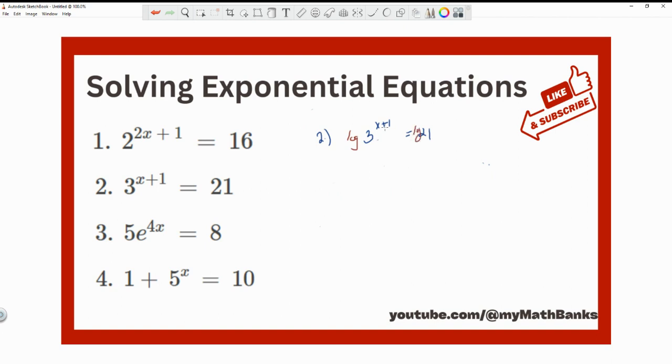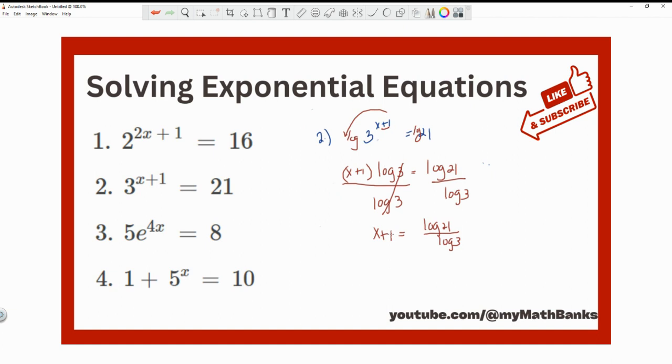Therefore this exponent will go in front, but that's a binomial, so you put that in parentheses, and then you have log 3 equals log 21. We want to solve for that parentheses, so I'm going to divide both sides by log 3. This one will cancel out. So therefore my x plus 1 equals log 21 over log 3.